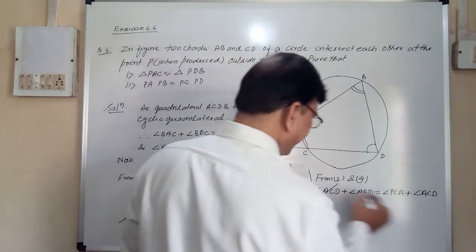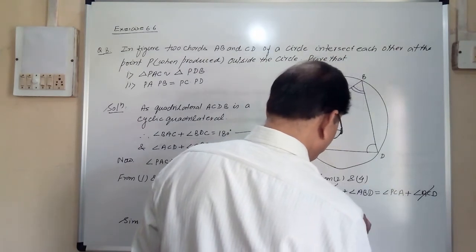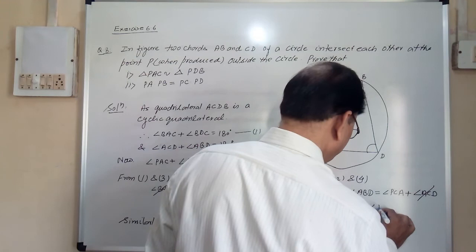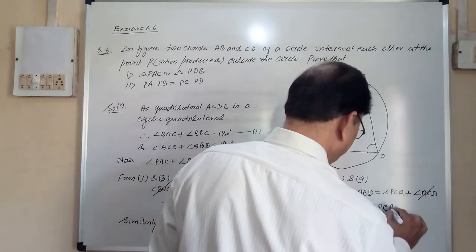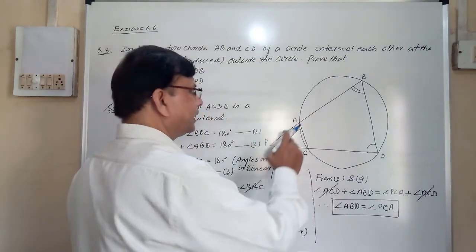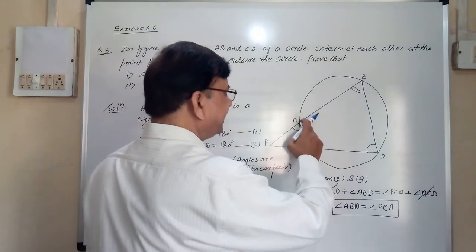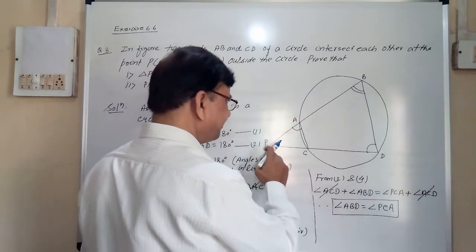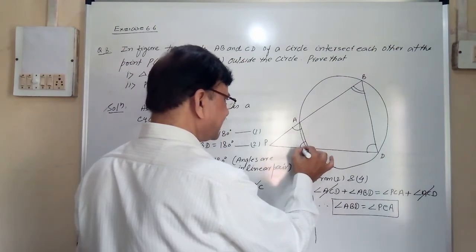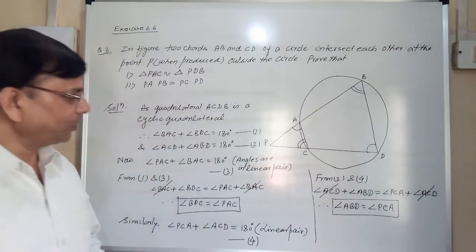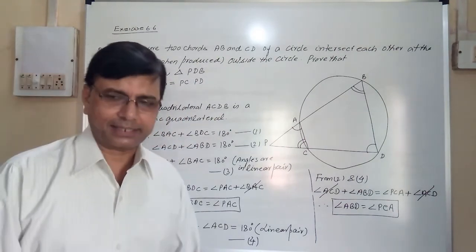So ACD and ACD will go. Therefore, angle ABD is equal to angle PCA. So angle ABD, this angle, is equal to PCA, PCA is this angle. This much relation we got, and we will proceed further.